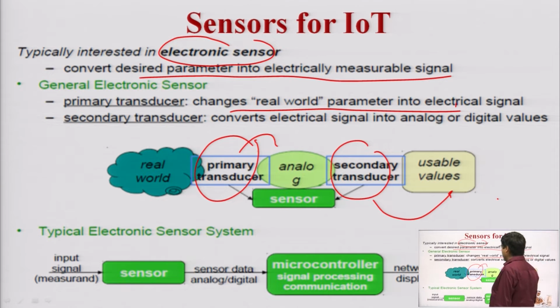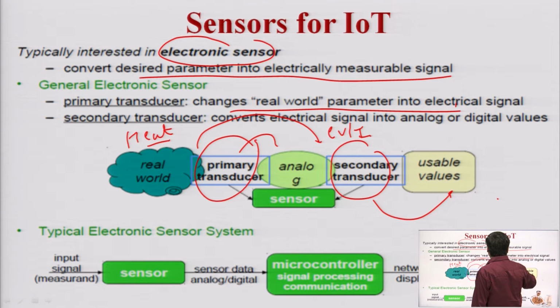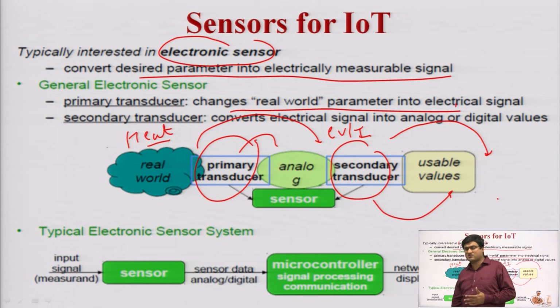For example, if our sensor is detecting heat, through the primary transducer it converts it into electrical voltage or current, and again through the electrical voltage or current, the secondary transducer will convert it into usable values that can be readable by the system, by the computer system, because a computer system only reads digital values.